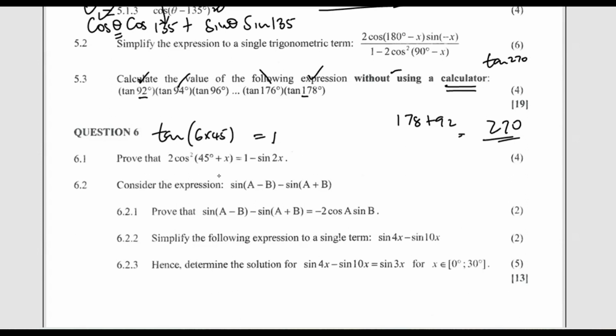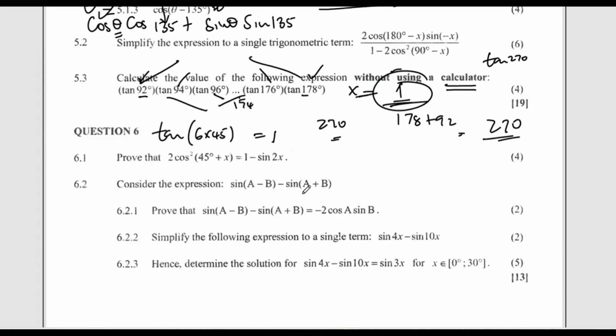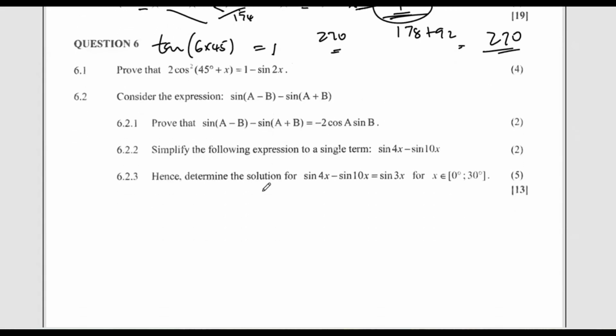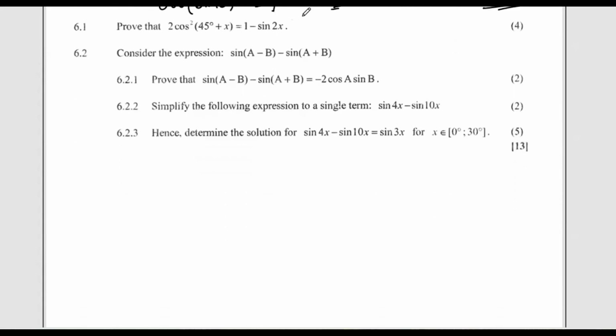So 176 plus 94, we still get 270. 96 and whatever comes there, which is supposedly 174, you get 270. Meaning that if we multiply these ones together, we're just going to end up with an answer of just 1.